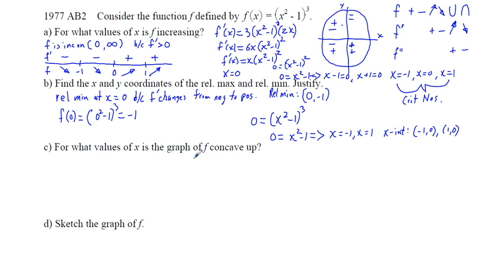For what values of x is the graph of f concave up? Well, we're going to find our second derivative, but before that I'm going to rewrite our first derivative, which is going to be 6x times quantity x squared minus 1 squared. And to find our second derivative, I'm going to consider this as a product of two functions.